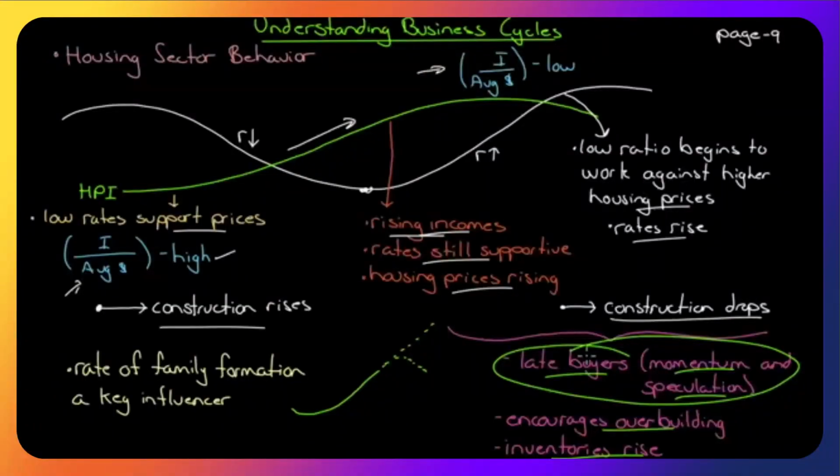The central banks since 2008, 2009, central banks around the world have kept interest rates super, super low. I don't think anywhere in the developed world, the Western developed world, have interest rates on the short end exceeded 2% anywhere.